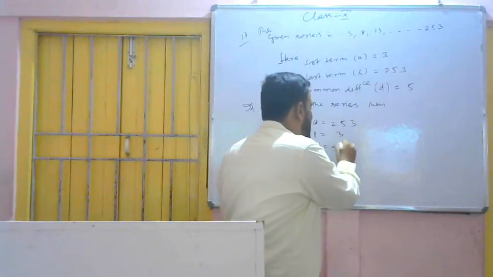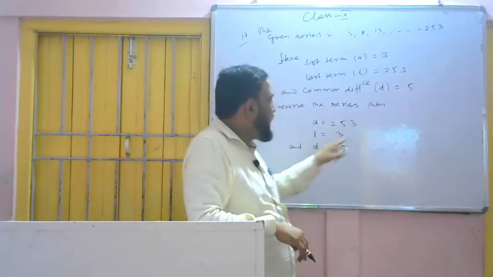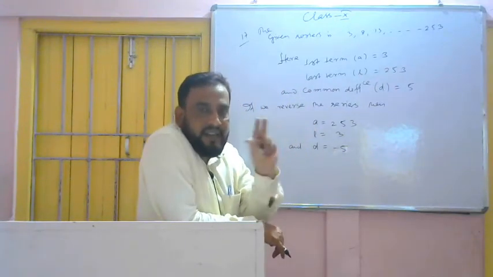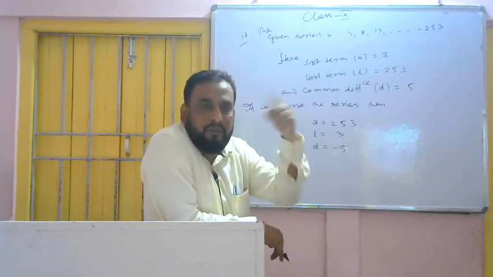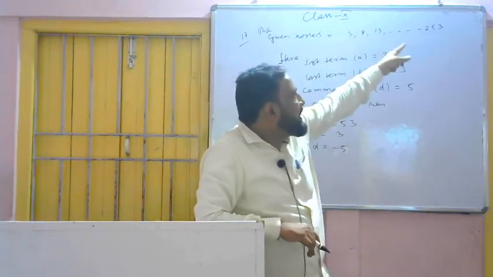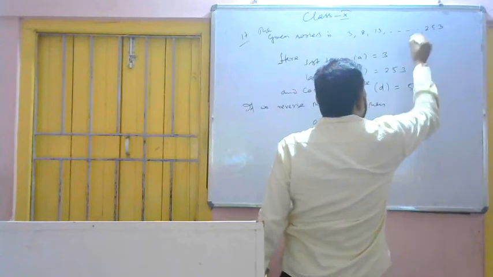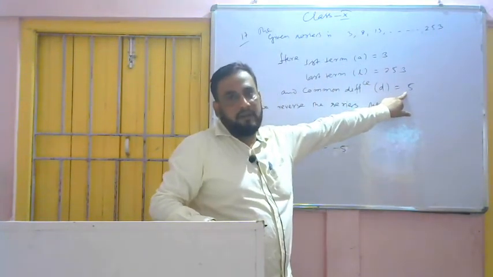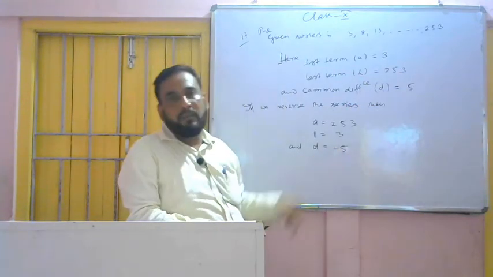If it was minus 5, then here it would be plus 5. That is, if we reverse any series, then the first term will become the last term and the last term will become the first term, and the common difference will become the additive inverse of the previous one.